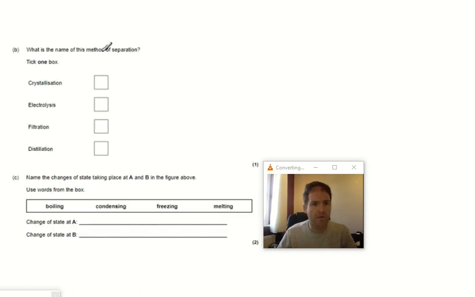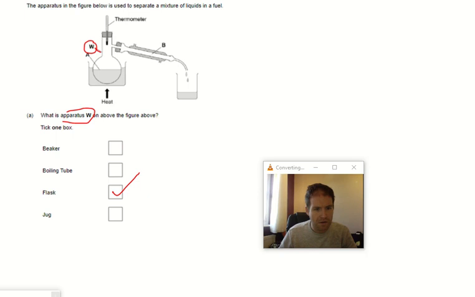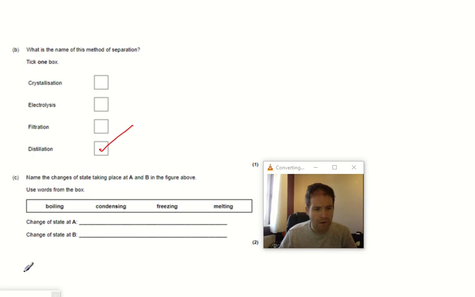What is the name of the method of separation? Well, this one is distillation. It is back to the fractional distillation. The name of the change of state taking place at A and B in the figure above. Use the words change of state. At A, we've got boiling or evaporation.